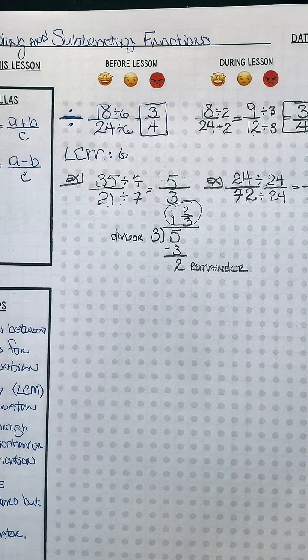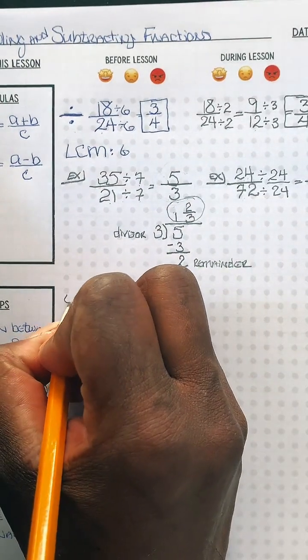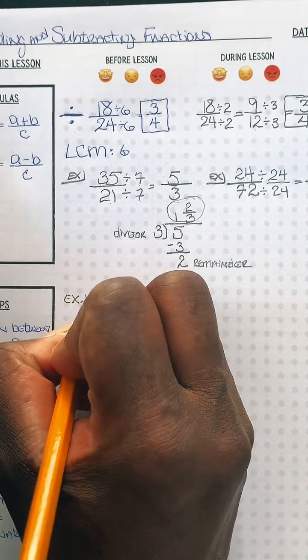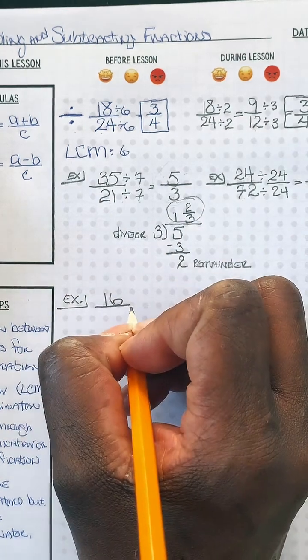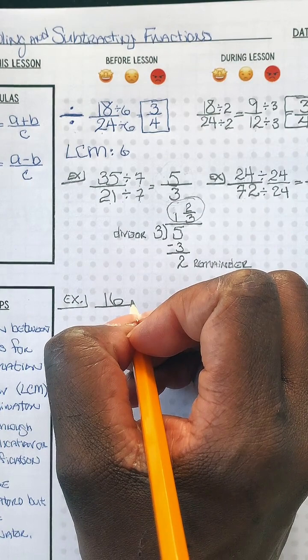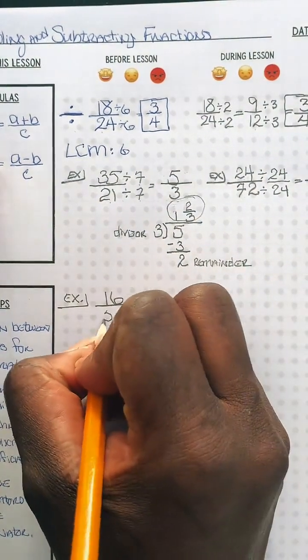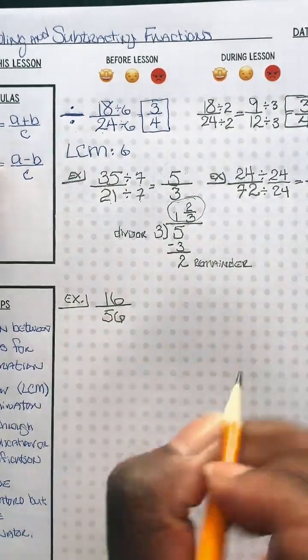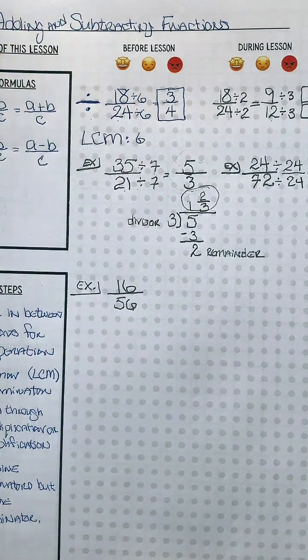Let's say 16. Let's do another example. So let's do 16 over, what can I do? 16 over 56. Why not? So what's 16 over 56?